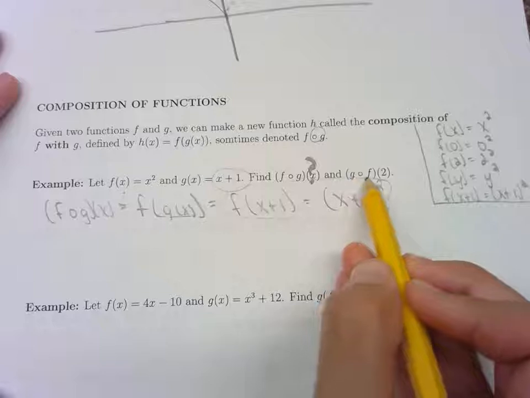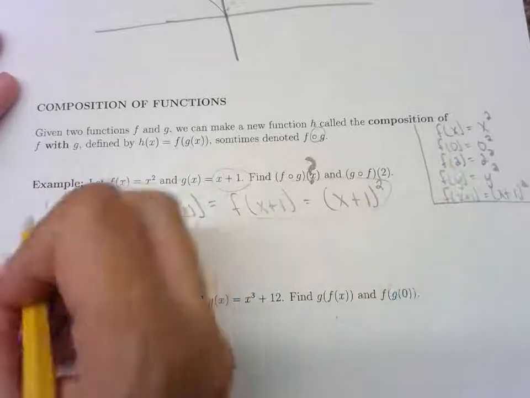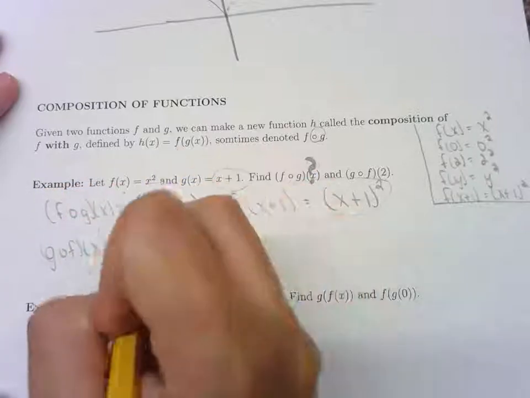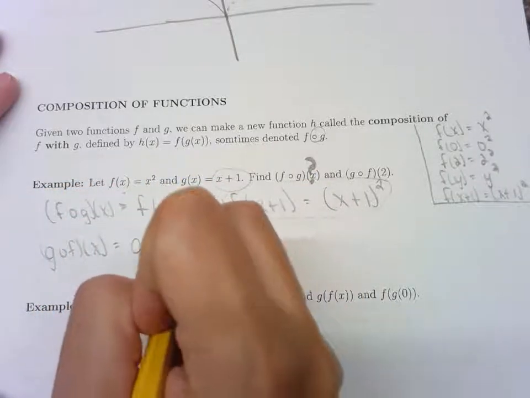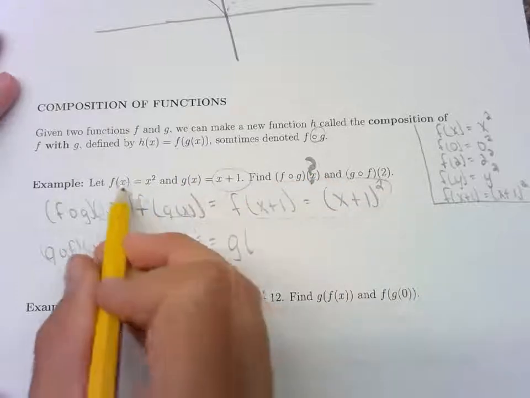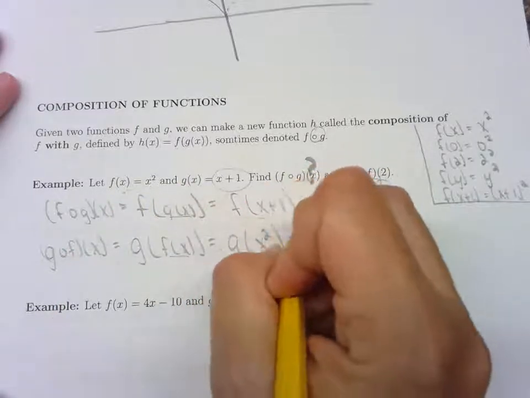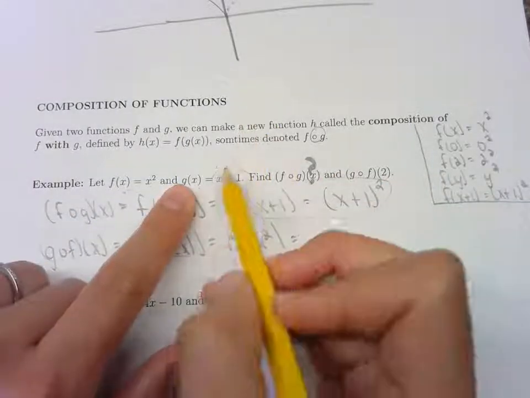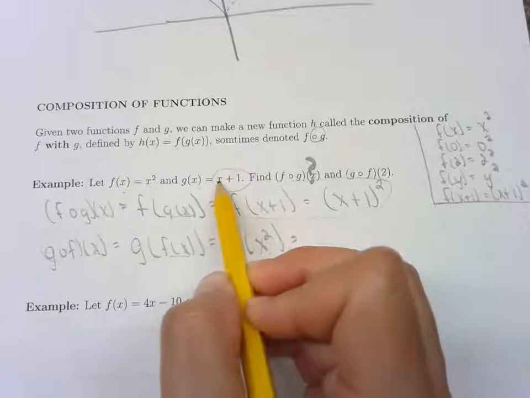Now we want to do g of f of 2. So let's go ahead and do g composed with f of x first, and then we'll input a 2. So this would be g of f of x. So g of, instead of writing f of x here, I'm going to actually write x squared. So this says input x squared for g. If we were inputting a 0, it would be 0 plus 1.